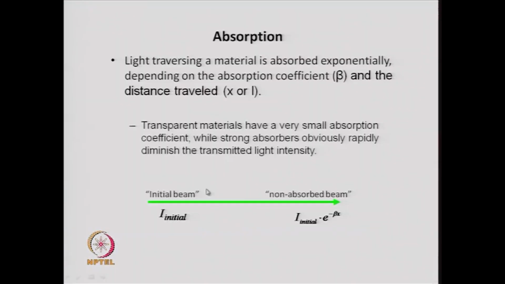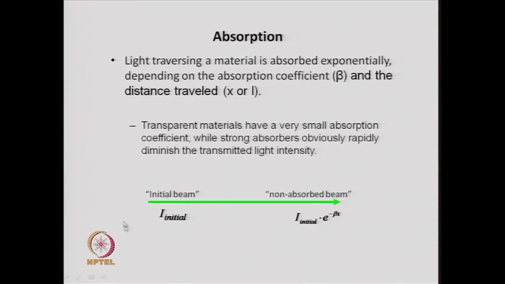So, if you have an initial beam I, that will be related to beta, the absorption coefficient, and the thickness x. Using this relation, the transmitted beam, which is the non absorbed beam, is equal to the initial intensity times an exponential of minus beta x, because if you increase beta or x, the absorption increases and the transmitted beam intensity will decrease, and so there is a negative sign here.